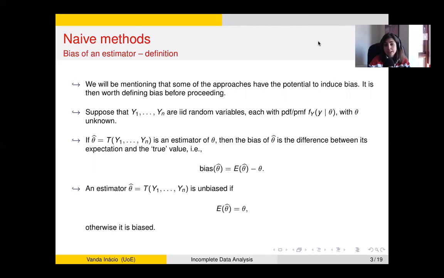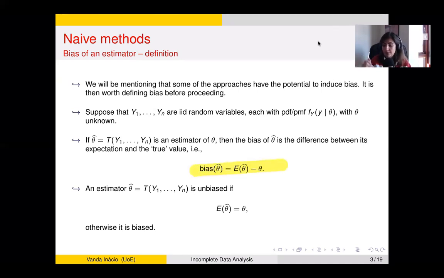Let us define theta hat as a function of our random variables Y1 up to Yn, and the bias of theta hat is nothing more than the difference between the expected value of theta hat and the true value of the parameter theta. And so we define bias by this quantity.